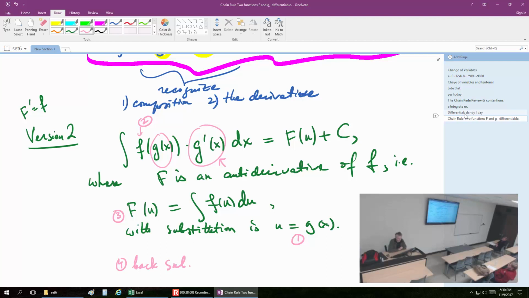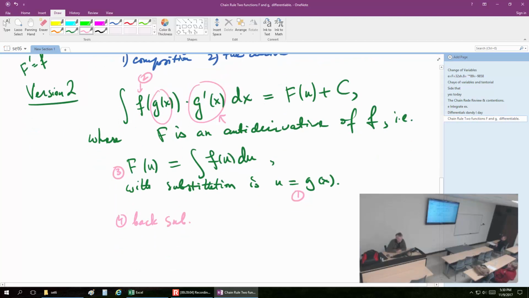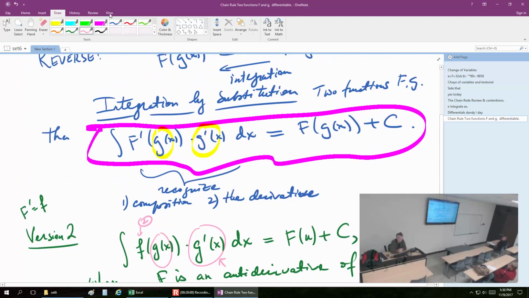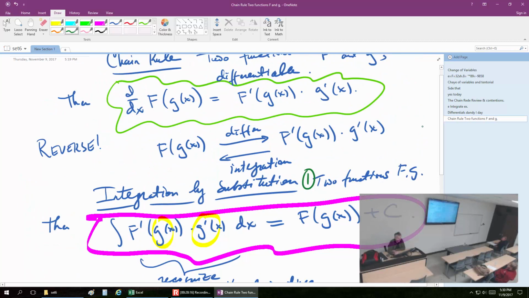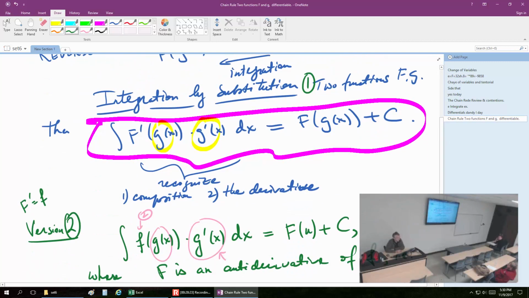So that's a plan. This looks more like a plan than what we had before, and as you can see, it comes from nothing but the chain rule. So this is version 1, and this is version 2. We start with the chain rule, reverse it, and get the original formula, which is the one in purple.